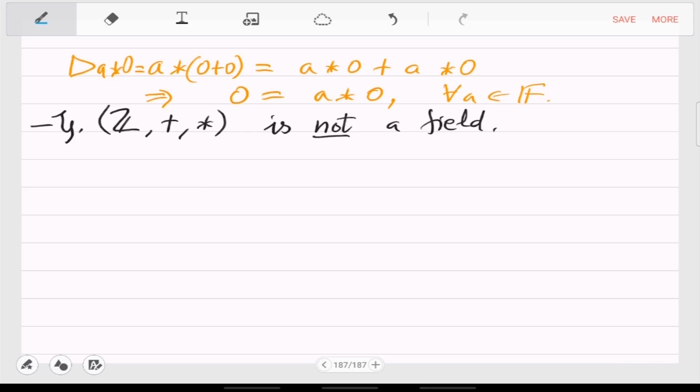So that is the proof. Only plus minus 1 in Z has a multiplicative inverse. So it is something which is just below fields. It's not as good as a field, but it comes quite close. Everything else it has.